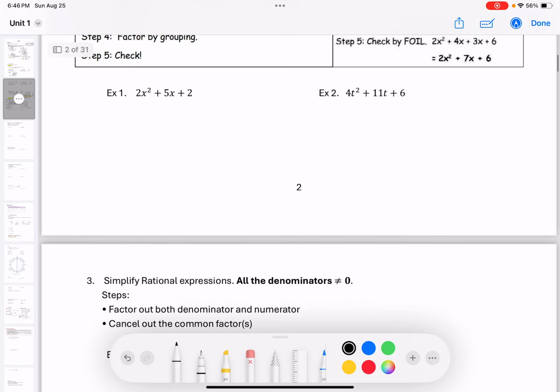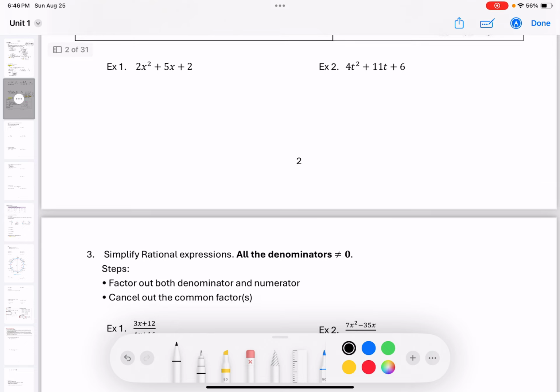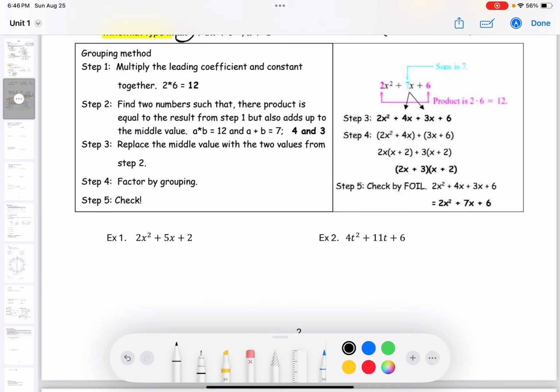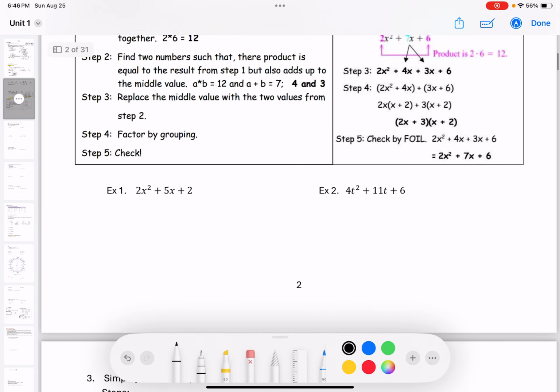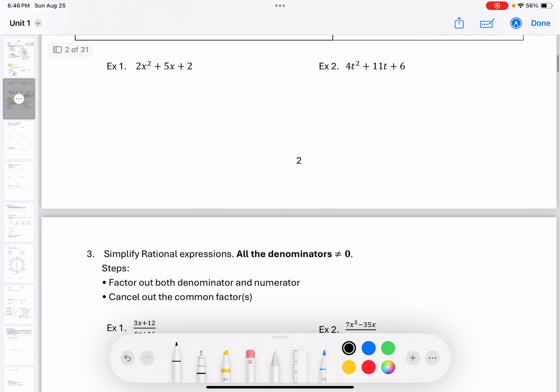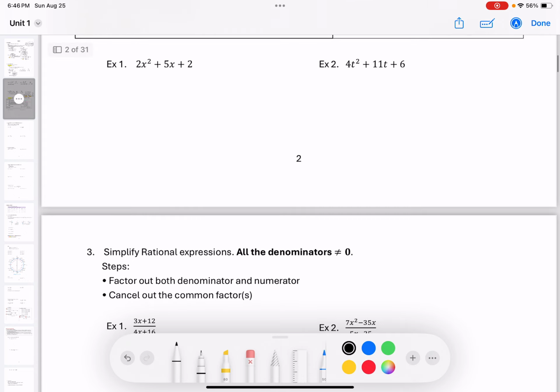Okay, let's see example 1 and 2. If some of you want to read all of these notes, you can find them on D2L or on the online platform. Okay, let's see the first example, how to use the AC method. A is 2, C is 2.